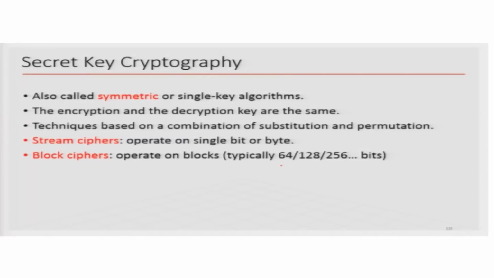Depending on how you do it, whether you want to do it on the stream of bits or on the blocks of bits, these are called block ciphers and stream ciphers, and the block ciphers usually divide the message into chunks of like 64 or 128 or 256 or 512 bit blocks.